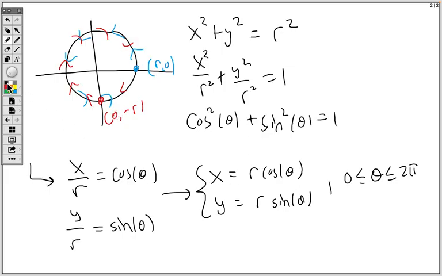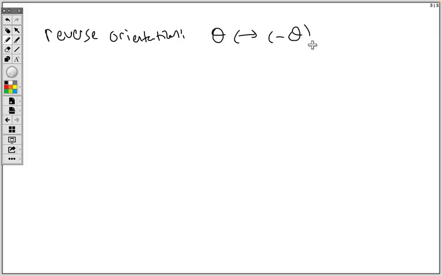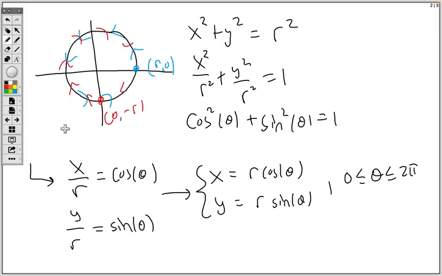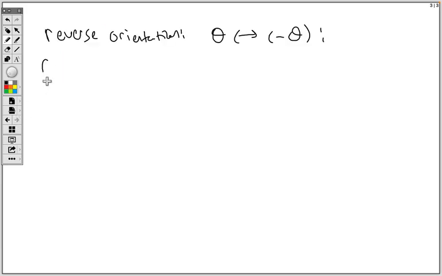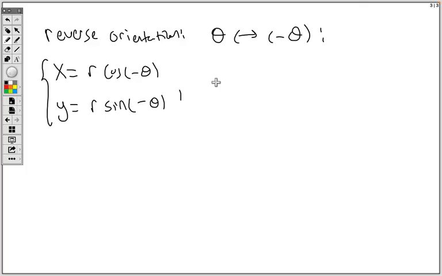So first off, let's get the orientation correct. We need to reverse the orientation. So I'm going to replace theta with the opposite of theta. So x is going to be r cosine minus theta, y is going to be r sine minus theta, where minus theta runs from 0 to 2 pi.